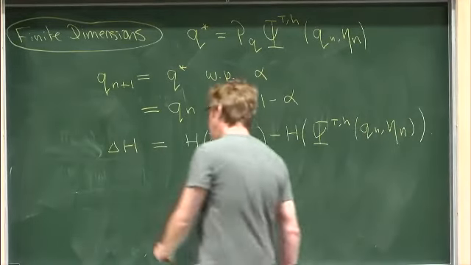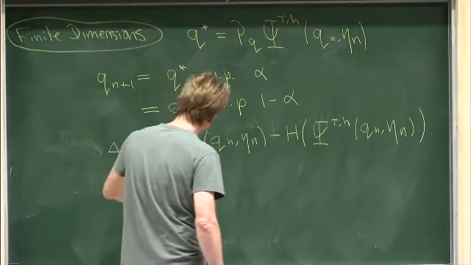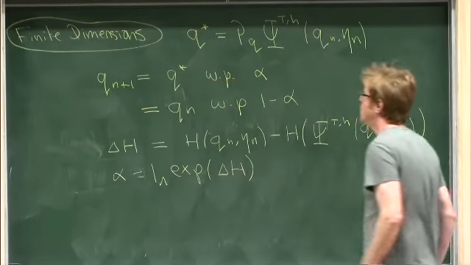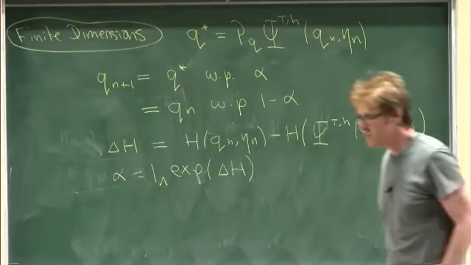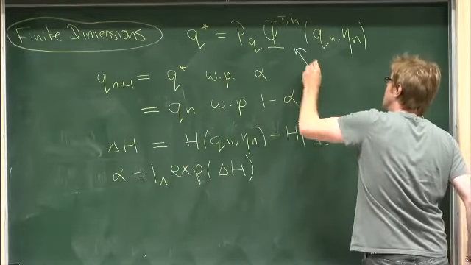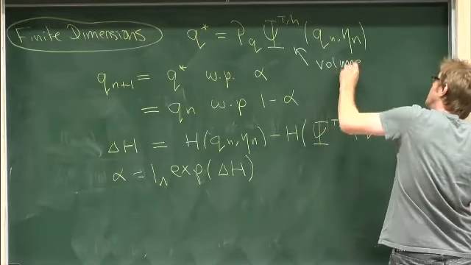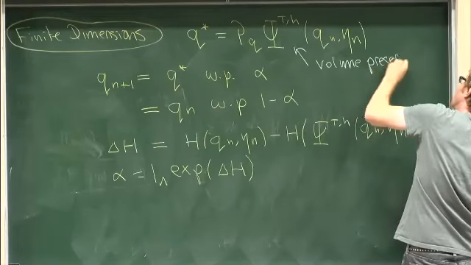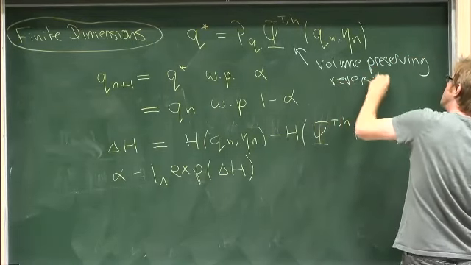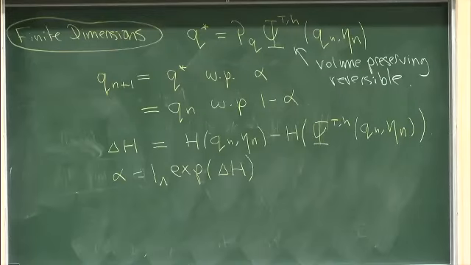And then alpha is 1 minus the exponential of delta H. So this idea works provided this integrator is volume preserving and reversible, which the Verlet method is, which was the method we talked about in the previous talk.